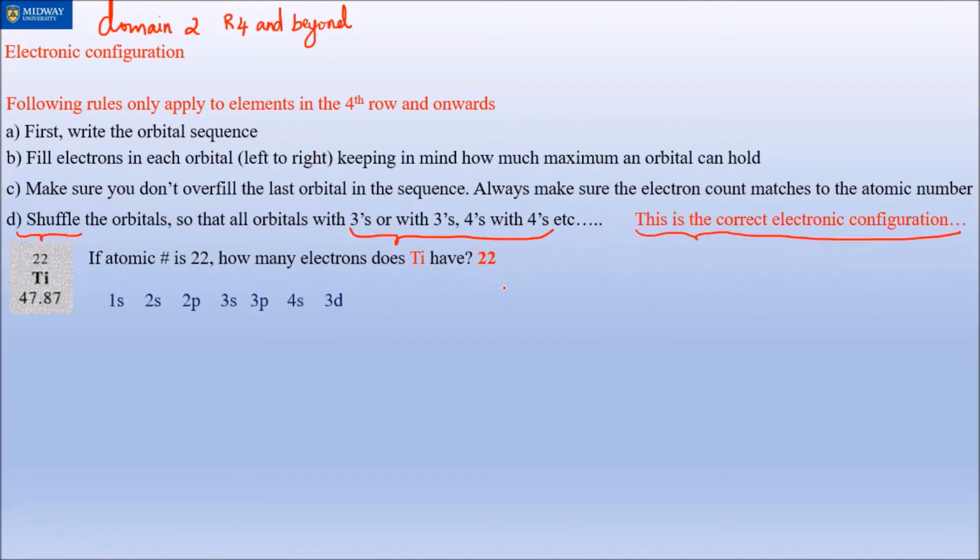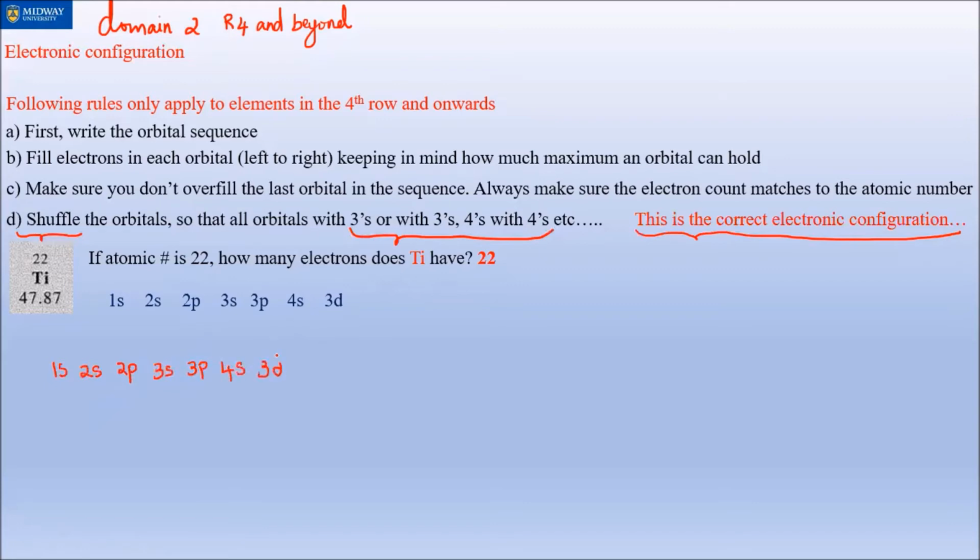22. So I'll leave this on because, all right, first we have to write the orbital sequence. So it's 1s, and then we have 2s, 2p, 3s, 3p, 4s, and 3d.